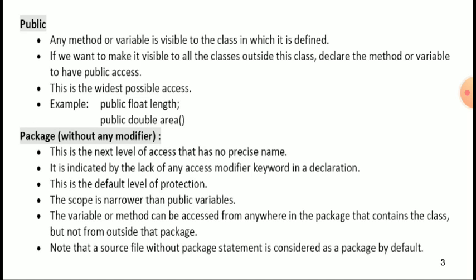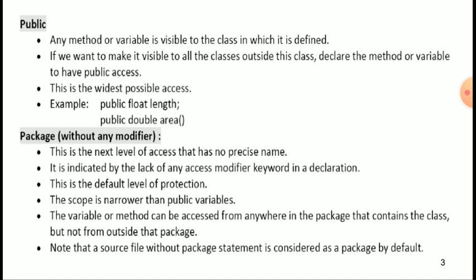Next is package, that means without any modifier. This is the next level of access that has no precise name. It is indicated by the lack of any access modifier keyword in a declaration. This is the default level of protection. The scope is narrower than public variables.